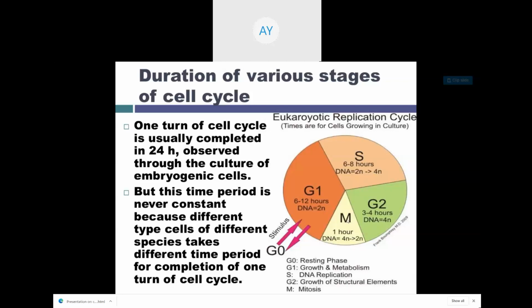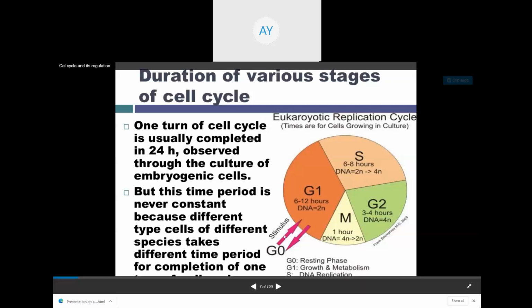Just after completion of meiosis 1, it enters cytokinesis and then comes to meiosis 2. Then there will be completion of meiosis. Otherwise there is no completion. But you are observing that arrow. Are you observing the G0 phase, the resting phase?